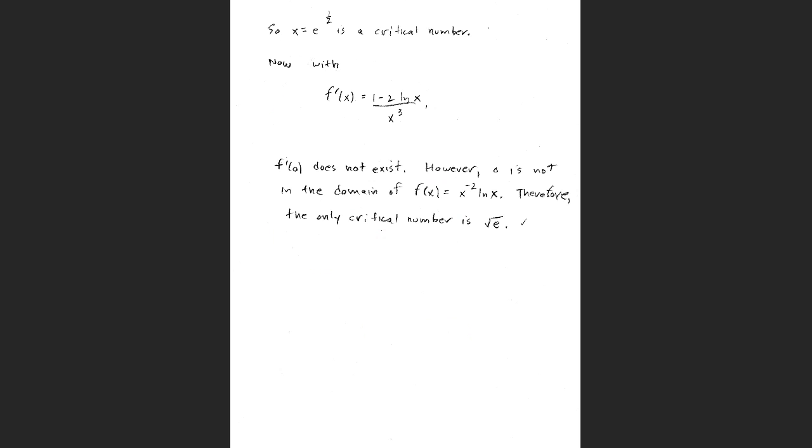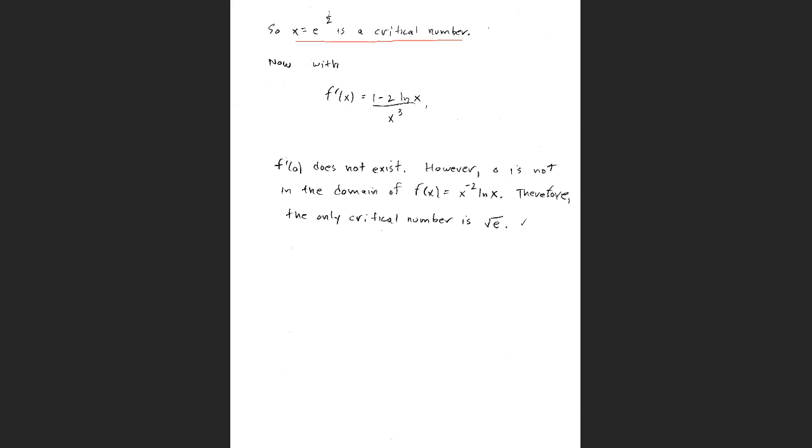Let's go to the next page then. x equals e to the half is a critical number because f prime of x equals 0 when x equals e to the half. But now the other critical numbers that we need to find are where this first derivative does not exist.